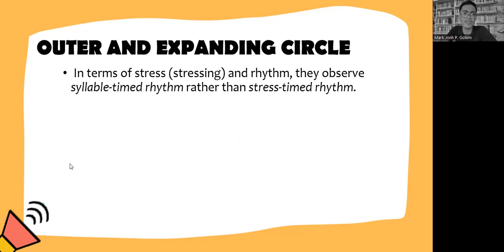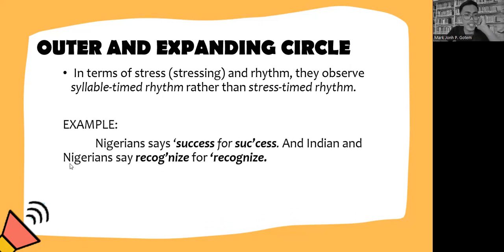In terms of stress and rhythm, they observe syllable-timed rhythm rather than stress-timed rhythm. For example, Nigerians say success for success. In our movies you see Nigerians speaking, and they put the stress on the first syllable. And Indians and Nigerians say recognize instead of recognize. Ceremony, it's not ceremony. Ceremony. That is how they pronounce it.